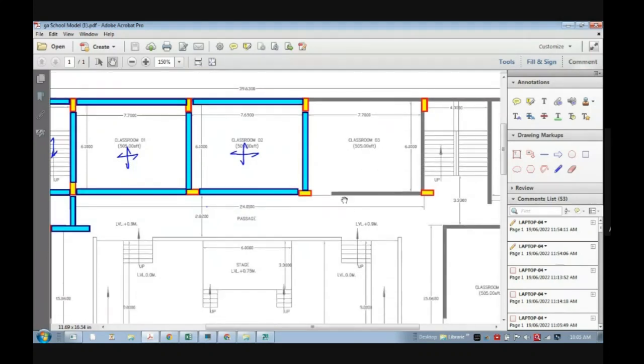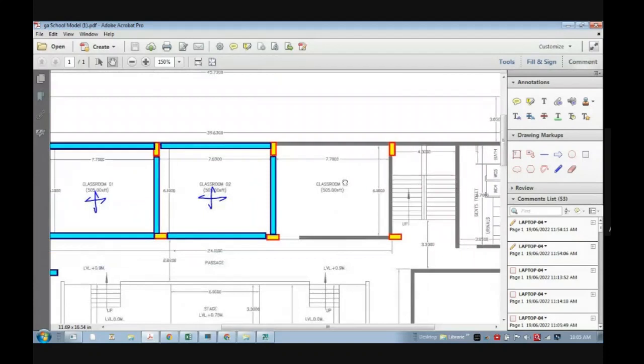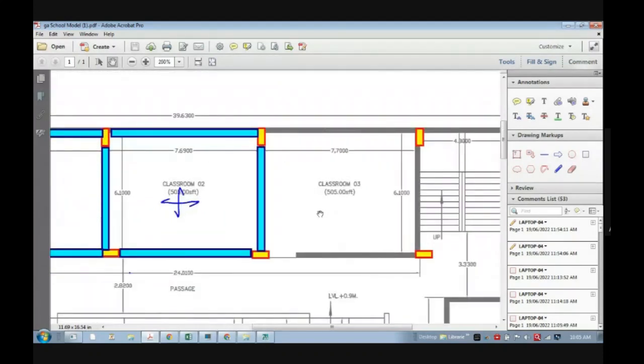Okay, let's discuss here. I think all of you are now comfortable with this. So for this, classroom 2 and 3 are also the same. So we can have the same kind of beam and column positioning.